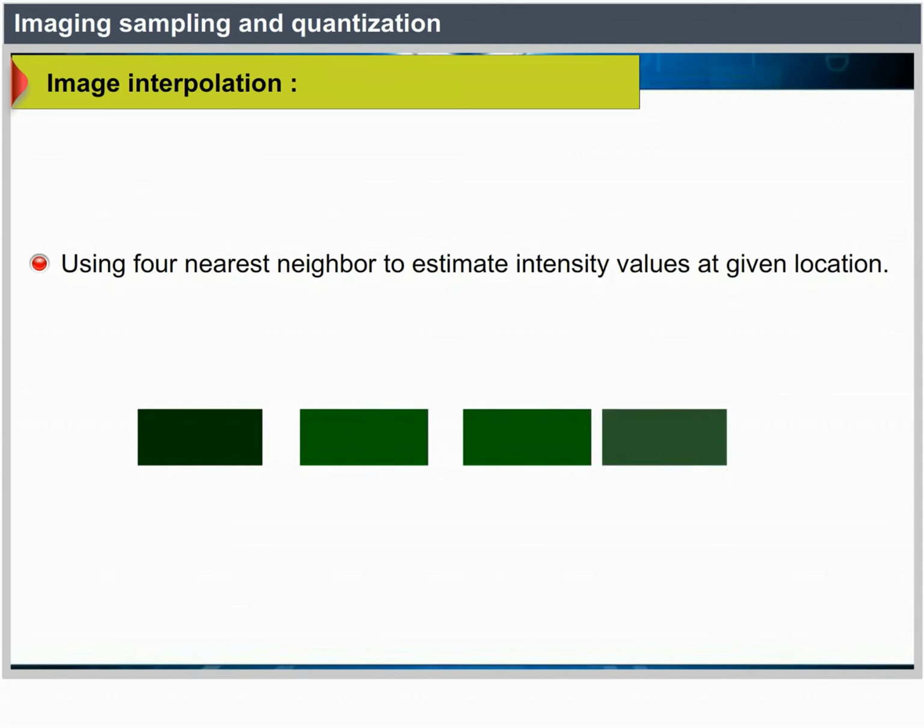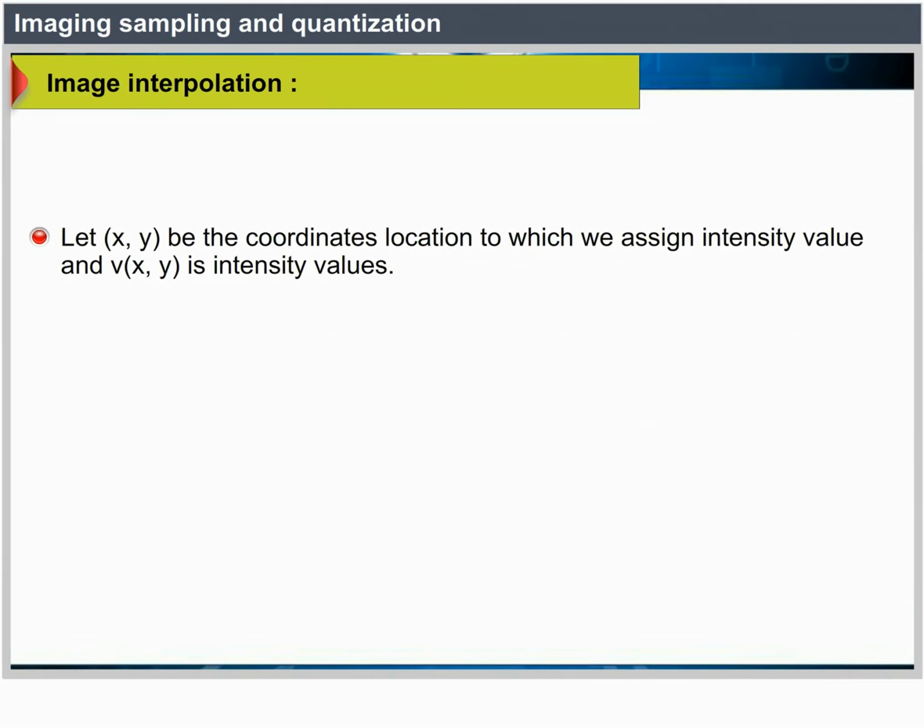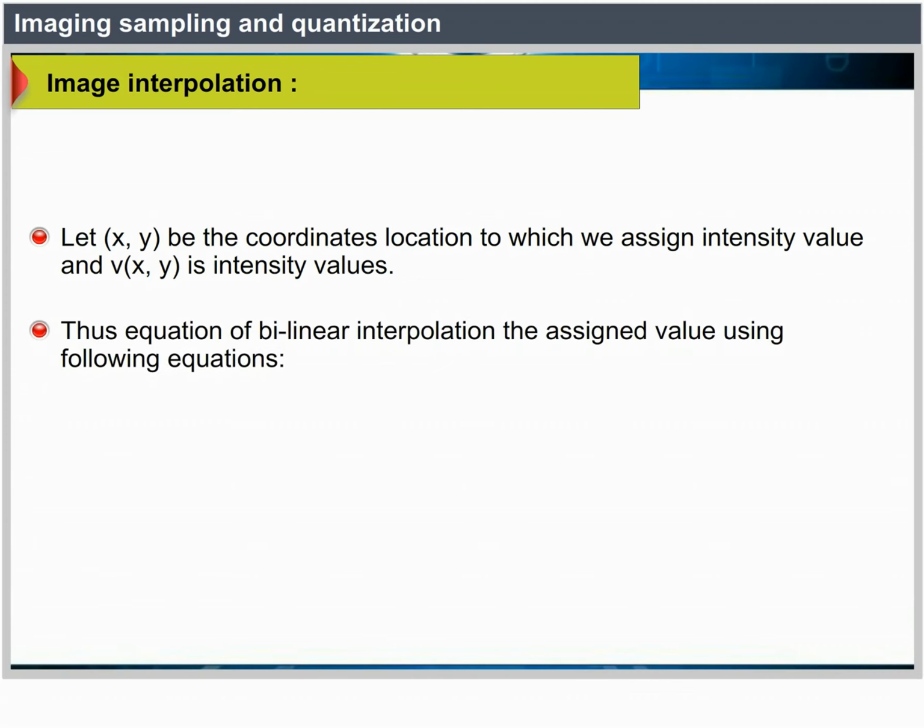Let (x, y) be the coordinates of the location to which we assign an intensity value, and v(x, y) is the intensity value. Thus, the equation of bilinear interpolation assigns the value using the following equation: v(x, y) equals ax plus by plus cxy plus d.